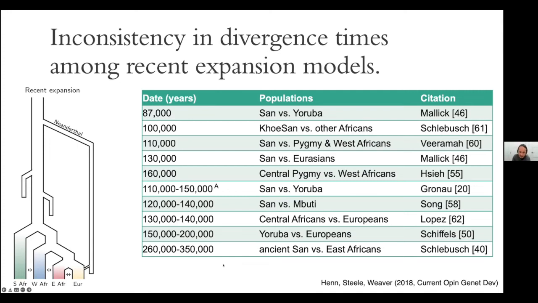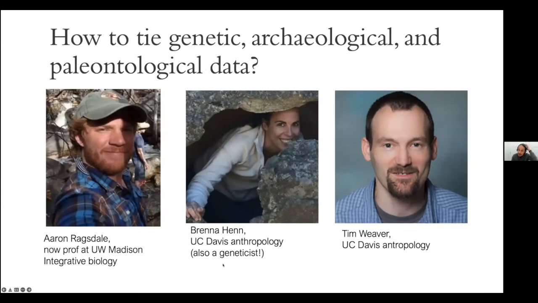So the idea here is to get together the genetic information and some information from archaeological and paleontological data. To do this, we've been working, of course, with Aaron, and also with collaborators Brenna Henn and Tim Weaver from UC Davis, both from the anthropology department. Brenna has training in anthropology, but is also a very competent geneticist, and Tim Weaver is really an expert in evolution and paleontology, so he knows about bones and things.